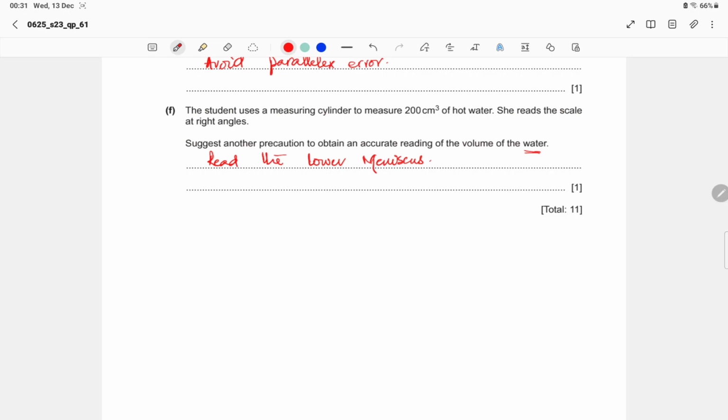Or you can put the measuring cylinder on a horizontal surface. So obviously if you don't put it on a horizontal surface, you won't get the right reading.